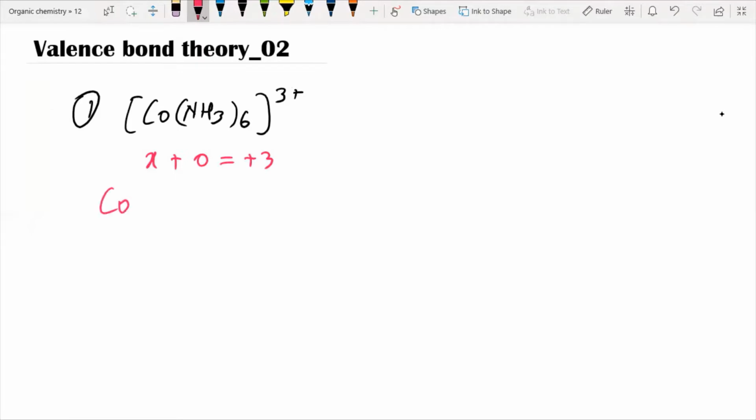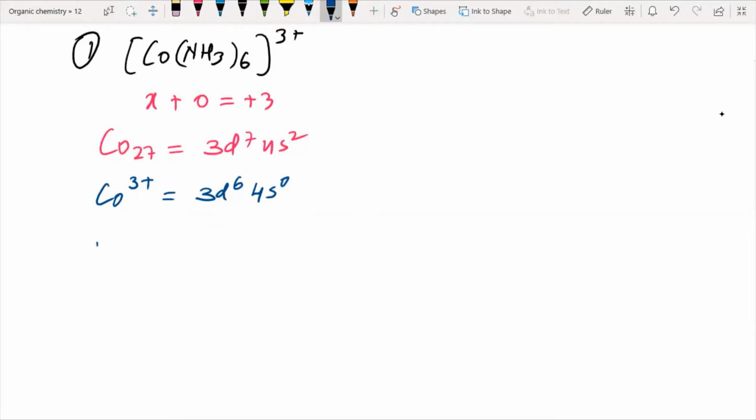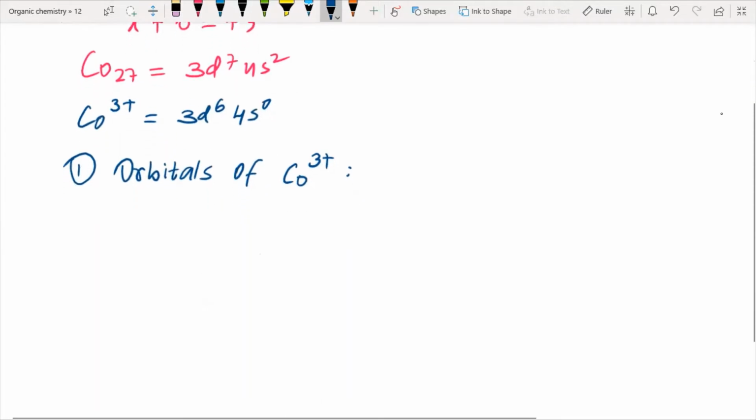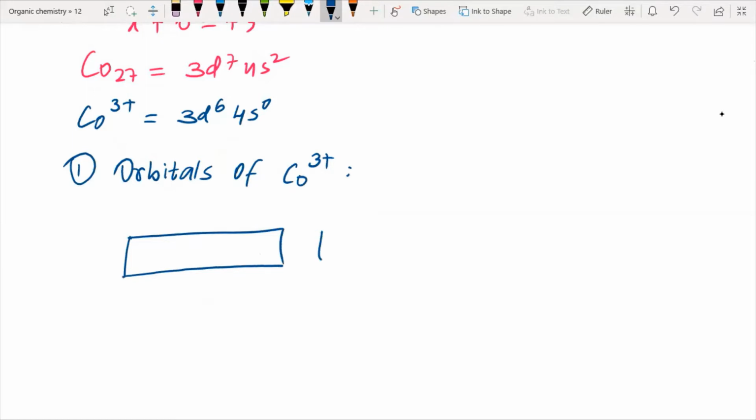Cobalt, atomic number 27, has electronic configuration 3d7 4s2. Now we'll see the electronic configuration of cobalt 3 plus. For that we get 3d6 4s0. Now the orbitals of cobalt 3 plus: this is 3d, this is 4s, and here we'll write 4p.